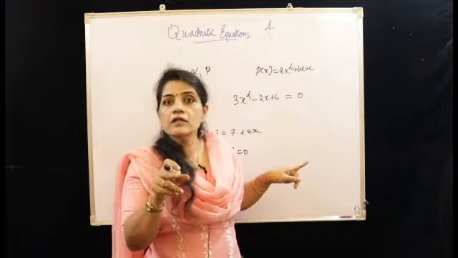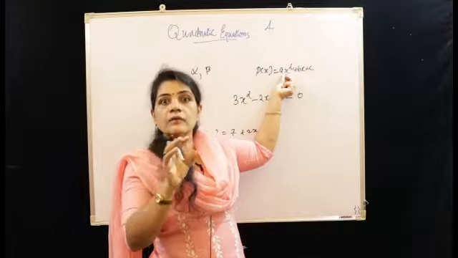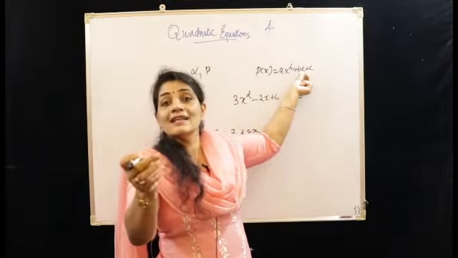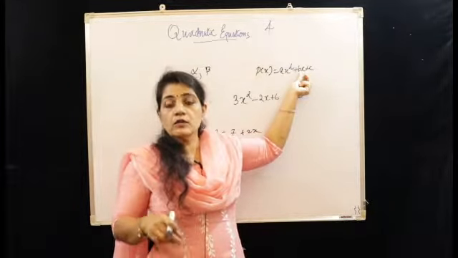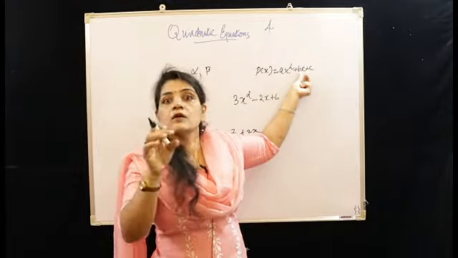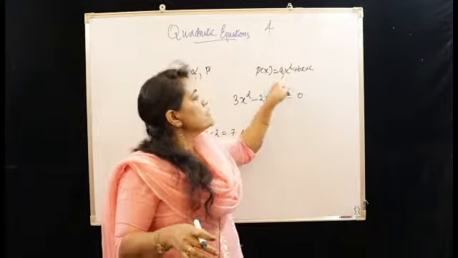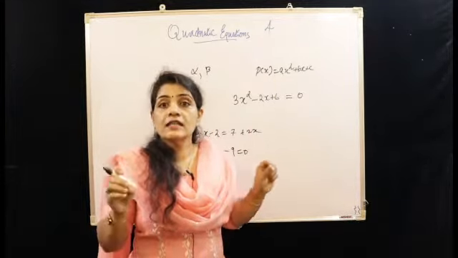If a equal to 0, the first term ax square becomes 0, and it reduces to bx plus c, which is a linear polynomial. So the very important point is there should be a term in x square, only then its power will be 2. From this you will get the general or standard form of a quadratic equation.